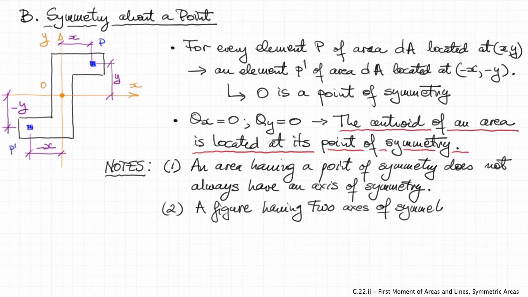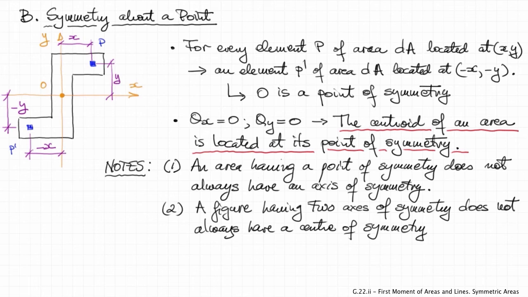Now, if we have a figure that has two axes of symmetry, that does not always have a center of symmetry, a point of symmetry. It might sound a little strange, but let's look at another example. Say an equilateral triangle, like this one. And of course, this vertical line, let's call this one BB prime, is an axis of symmetry. And here's another line, DD prime, which is also an axis of symmetry.